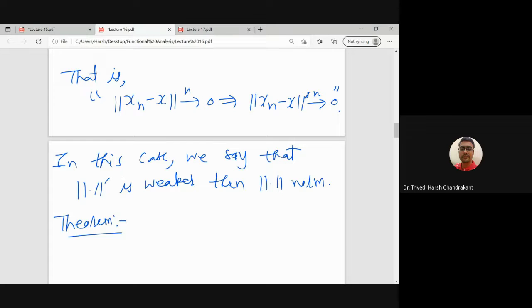This condition has an equivalent form. Let X be a vector space.